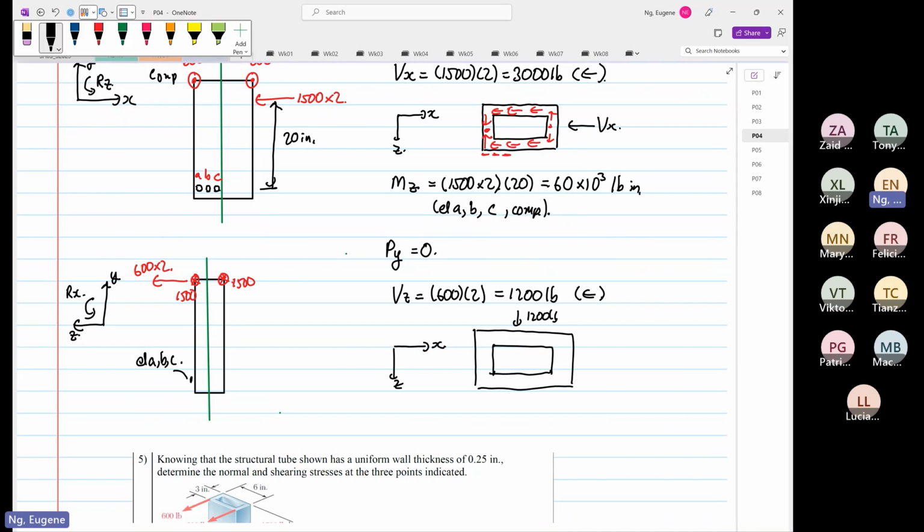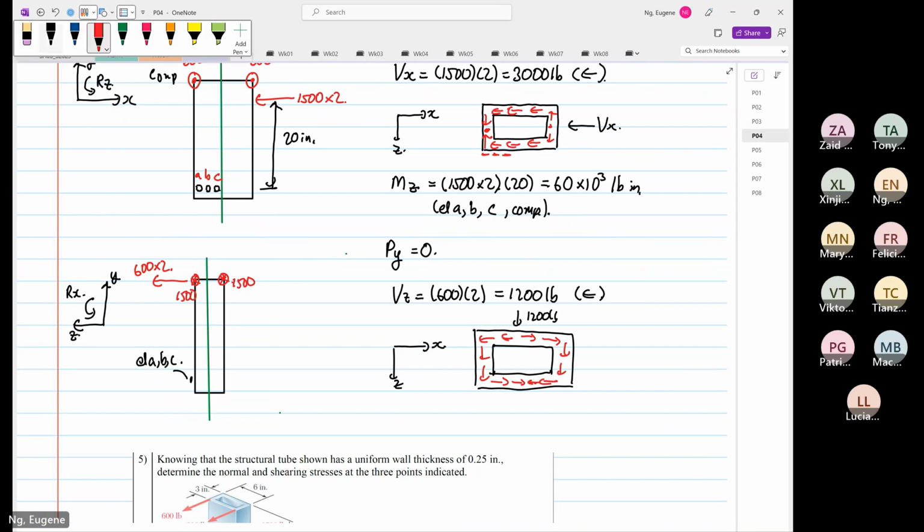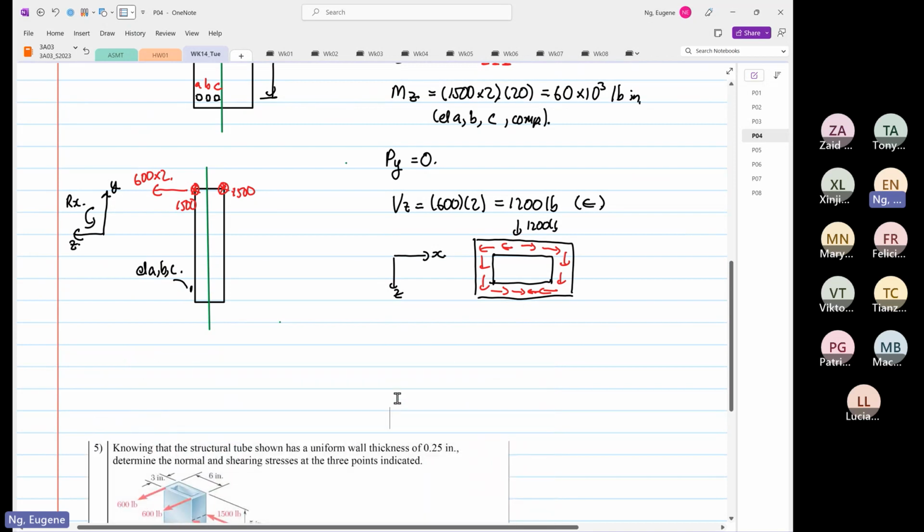If we now sketch our shear flow, again, it's going to be a box beam analysis. We are going to see another of our box beam analysis, and later we go into more detail.